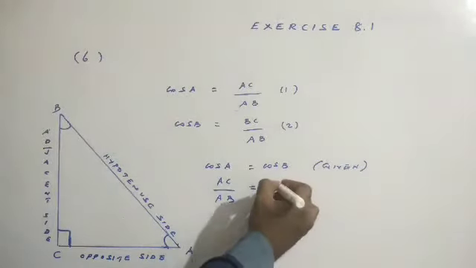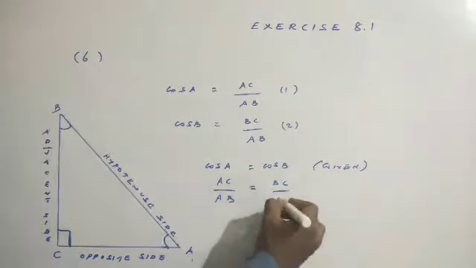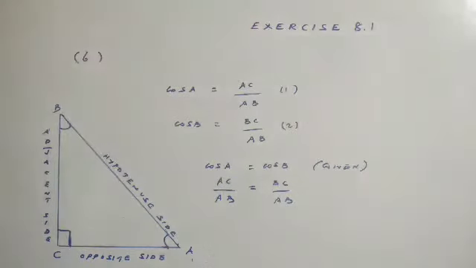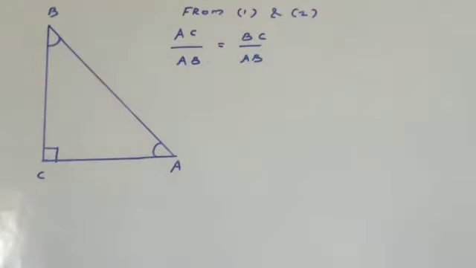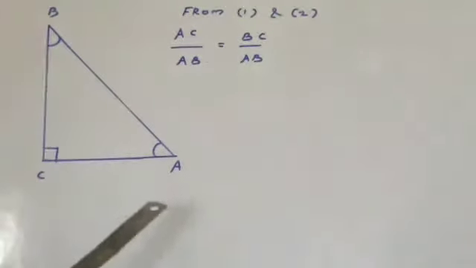For cos B, you can write BC by AB. Now listen carefully. Now the angle A and angle B are acute angles. If the angles are equal, the sides also equal. So from equation 1 and 2, AC by AB equal to BC by AB.